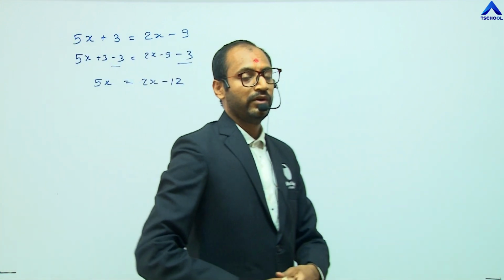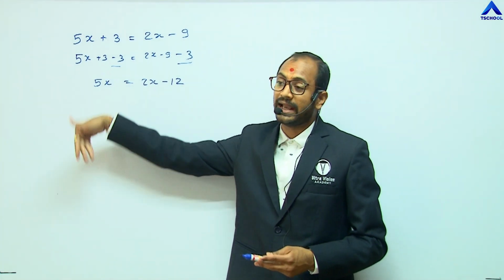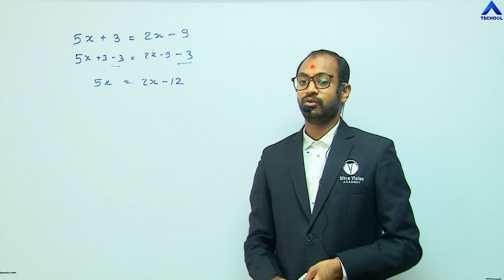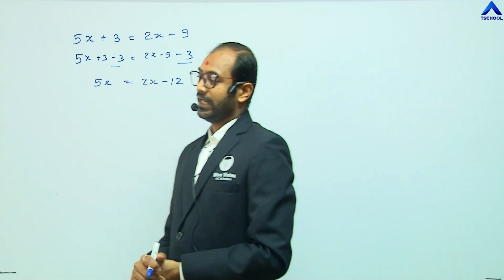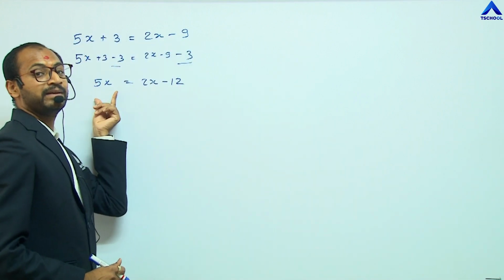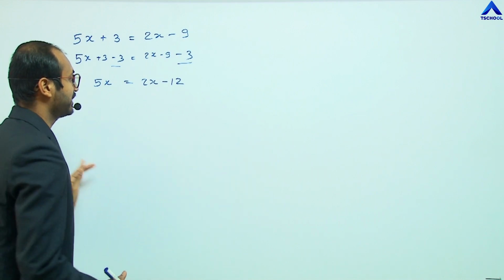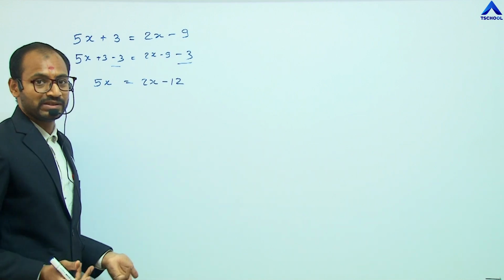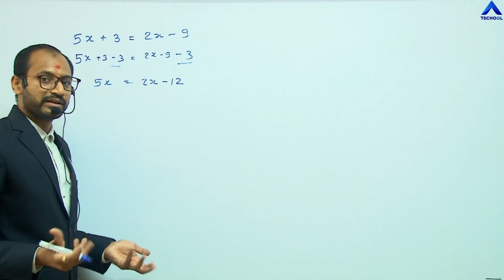Now here is 2x, here is 5x. As we know, we have to take the variable on either side of the equals sign, not on both sides. Clear? So let me do it by subtracting 2x on both sides. Clear or not? We have to subtract 2x because x is also a number. We don't know what it is, but it is a number.